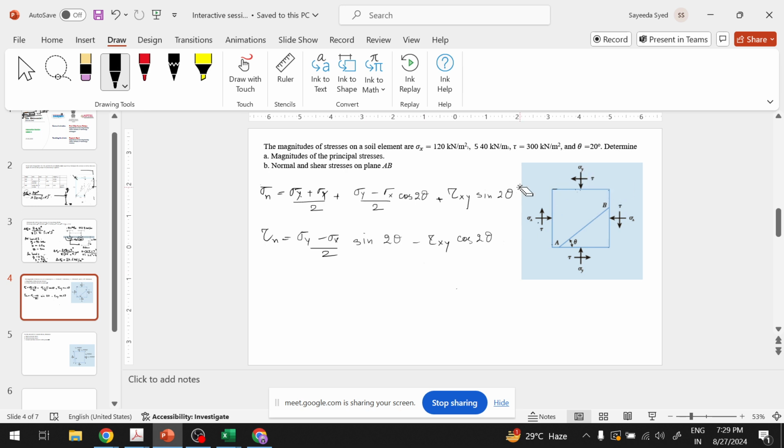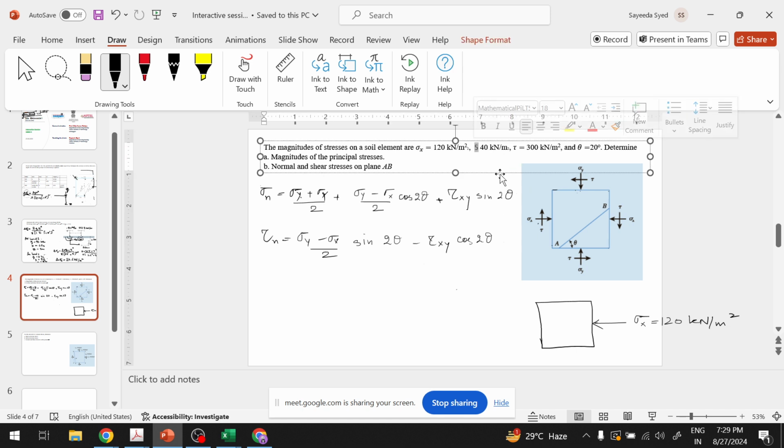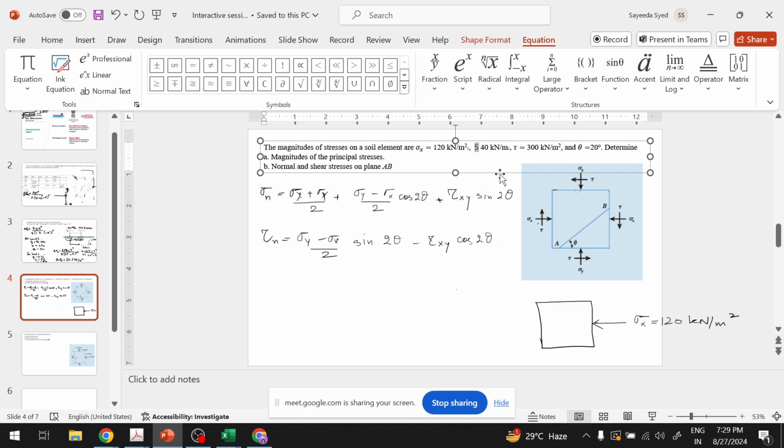We have been given that there is this soil element. The sigma x is 120 kilonewton per meter square, and this is sigma y.